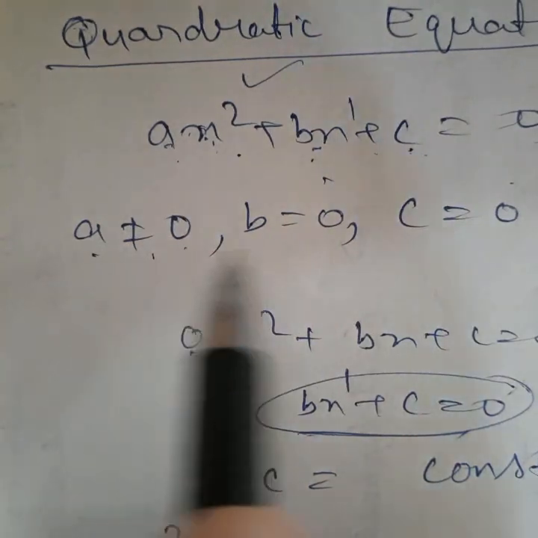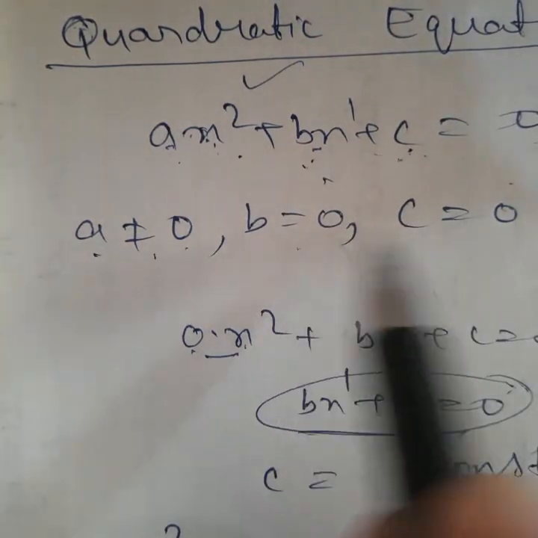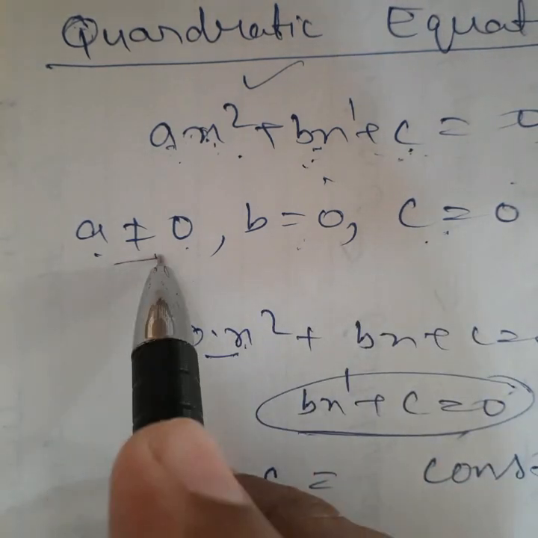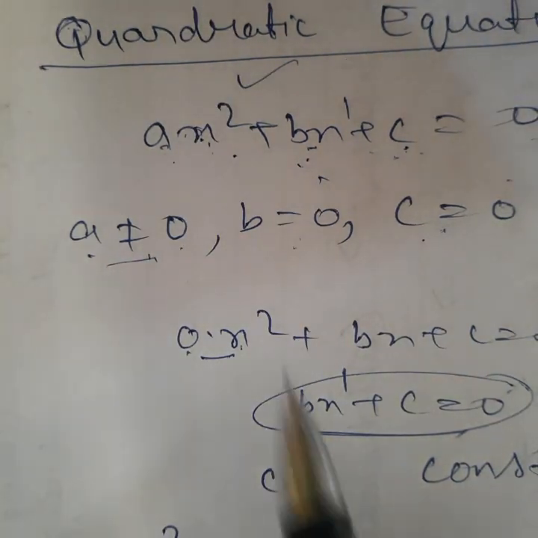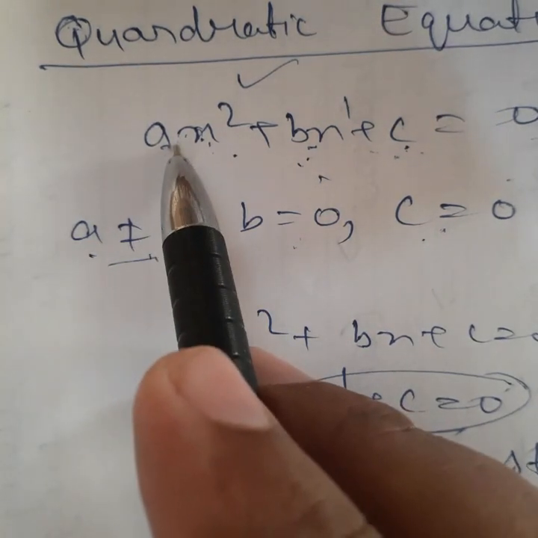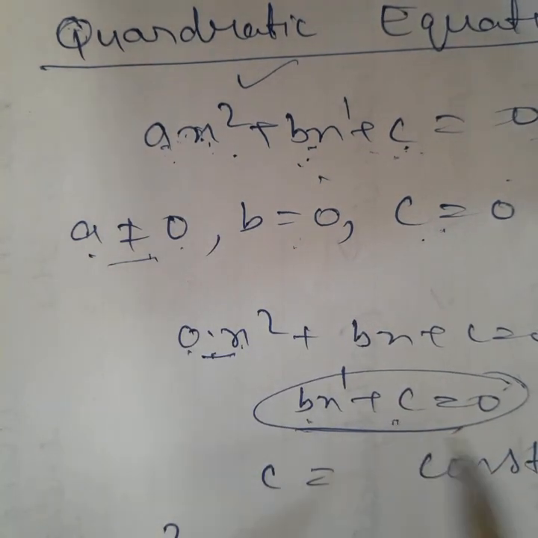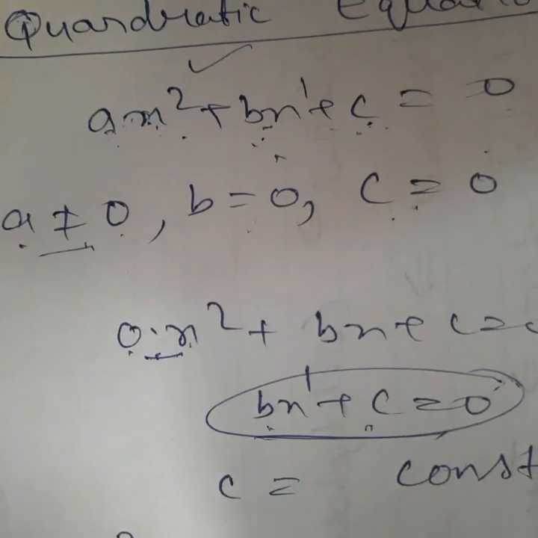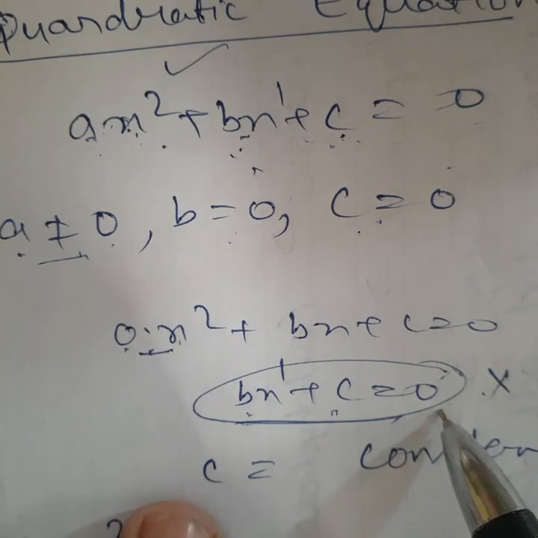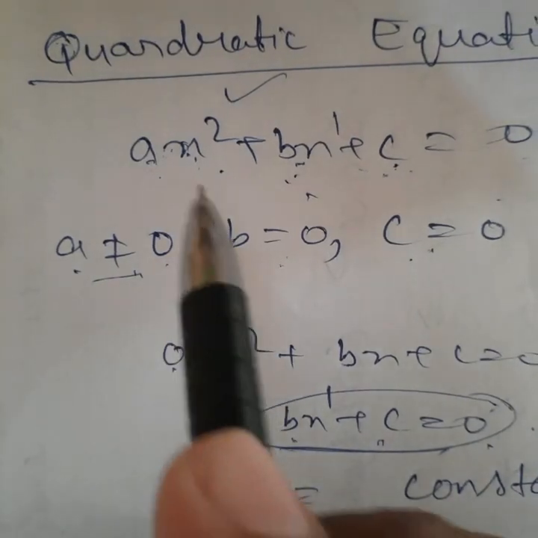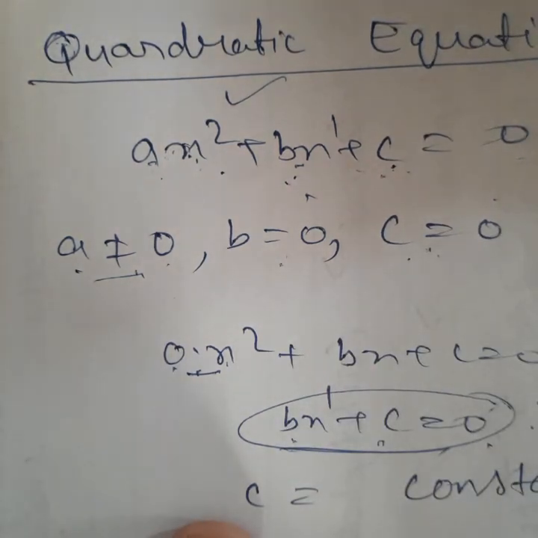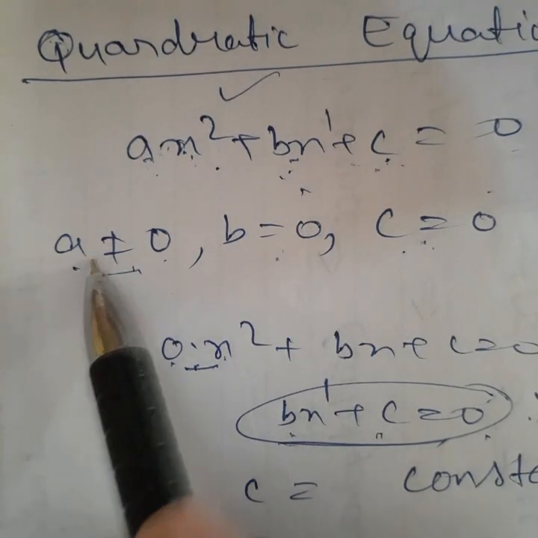Now b and c can both be 0, even simultaneously, but a cannot be 0, because as soon as a becomes 0, putting a equal to 0 in this equation we will get bx plus c is equal to 0, and this equation can no longer be regarded as a quadratic equation. So the conclusion is that b and c can be 0, but a cannot be 0.